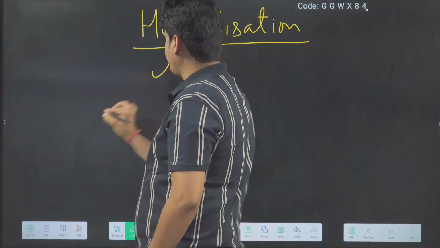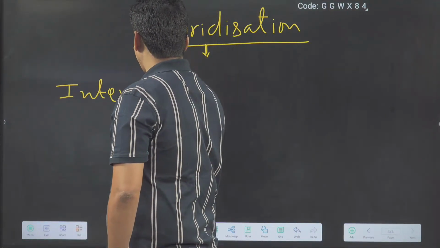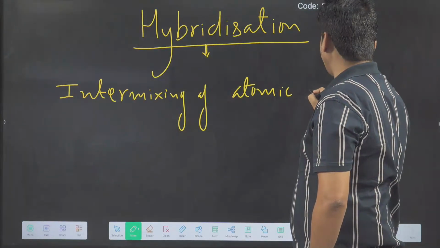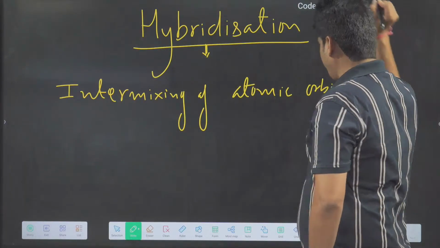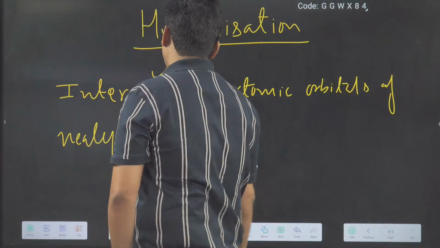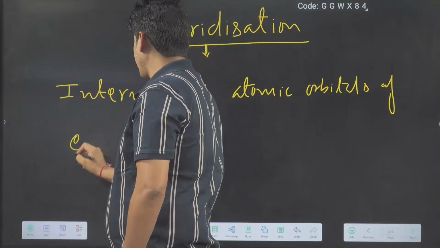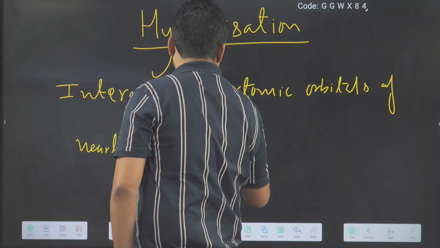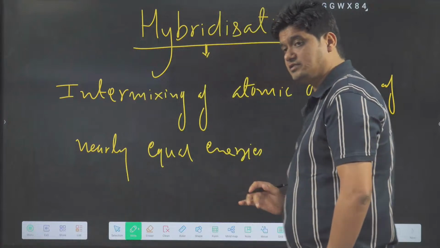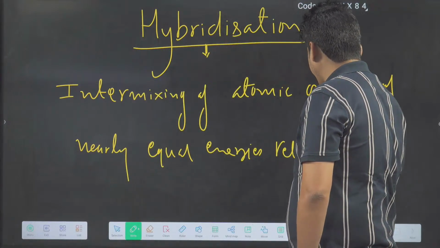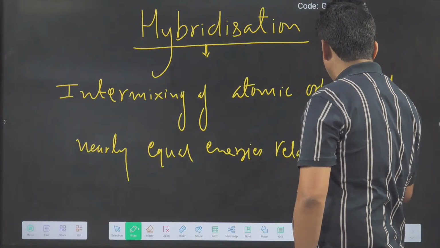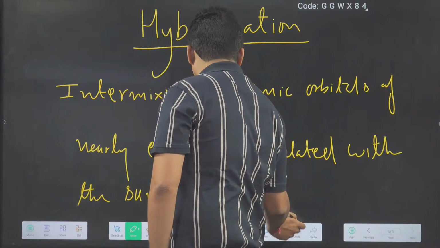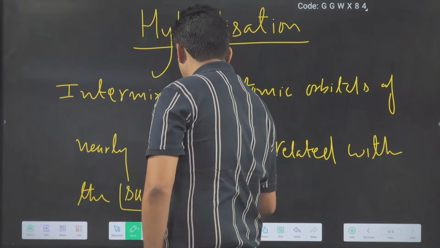Hybridization is intermixing of atomic orbitals of nearly equal energies related with the same atom. Same atom.